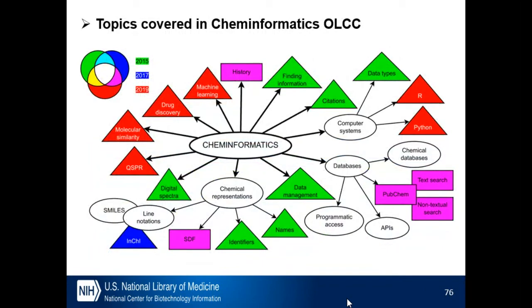And here is the content map for the topics covered in the Cheminformatics OLCC. And some topics were covered in all 3 OLCCs, and they're indicated as white ovals. And many of these topics are related to PubChem and its data, tools, and services.